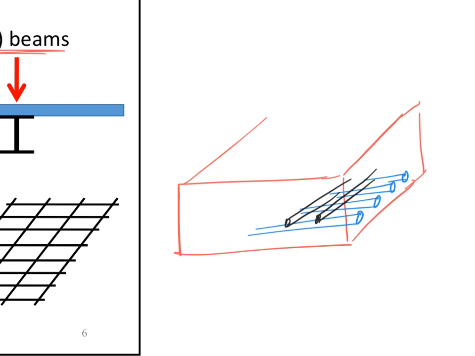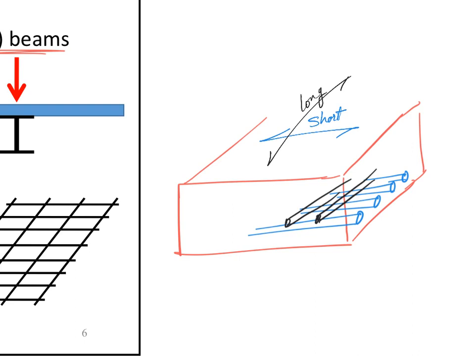One in the short direction. Sorry, I'll use the blue color. Here, if this is the short direction, and that one here was the long direction. Remember, up to this point we're talking about one-way slab, right?